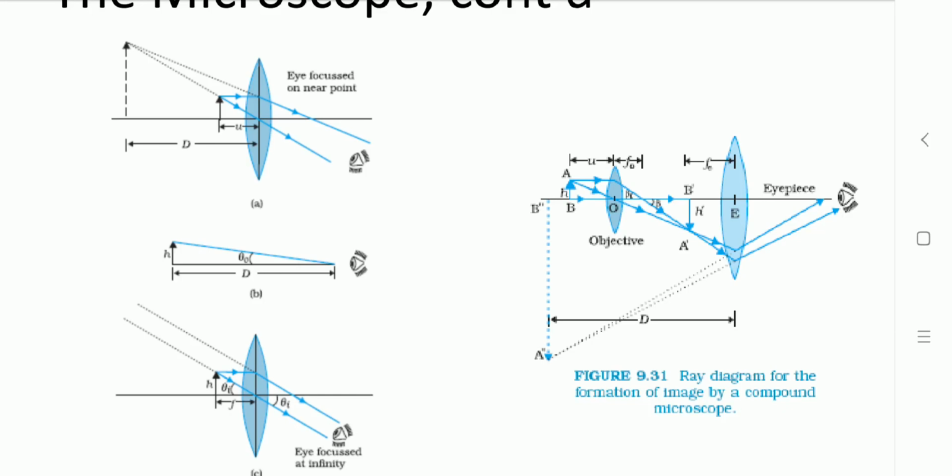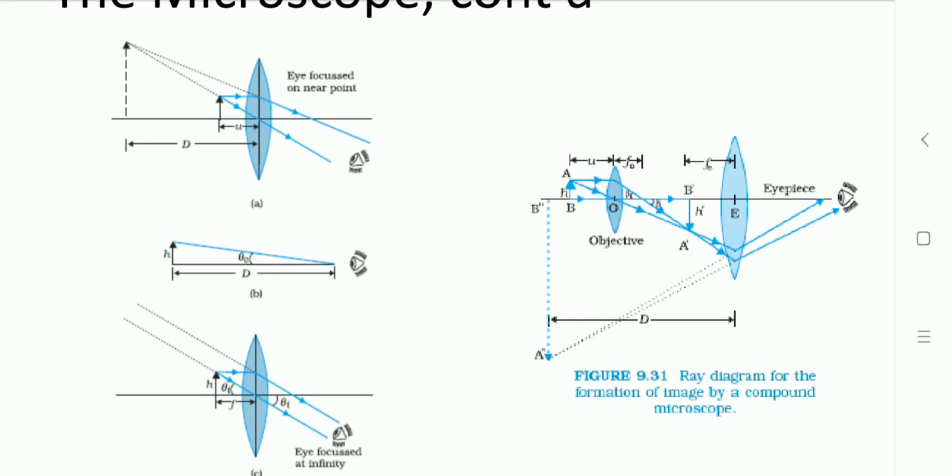The comfortable distance for viewing the image is the near point, 25 centimeter. It causes strain on the eye, and therefore the image formed at infinity is considered more suitable for the relaxed eye. You can see this in diagram A.